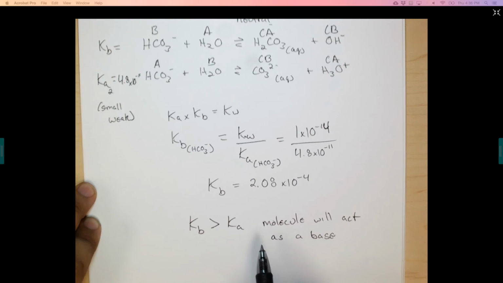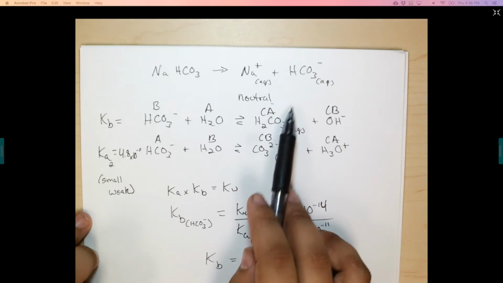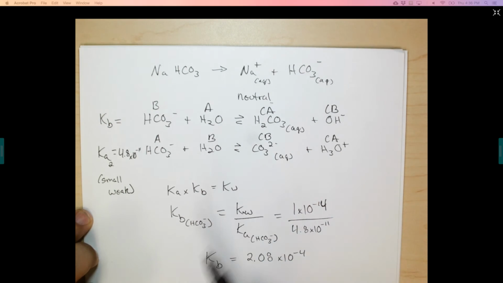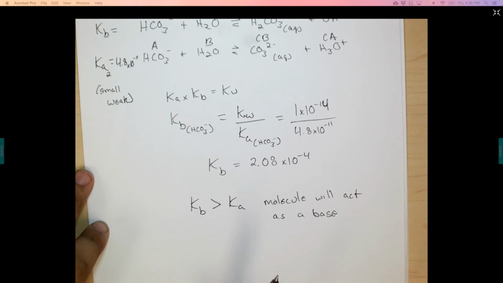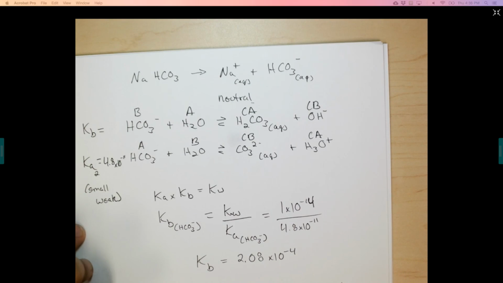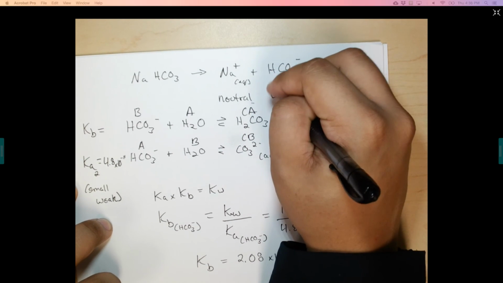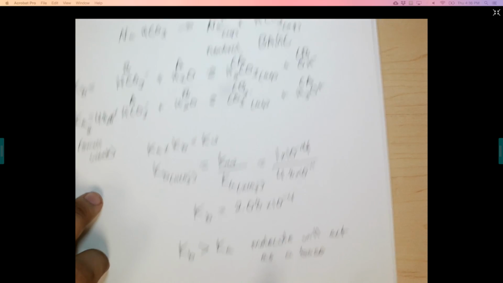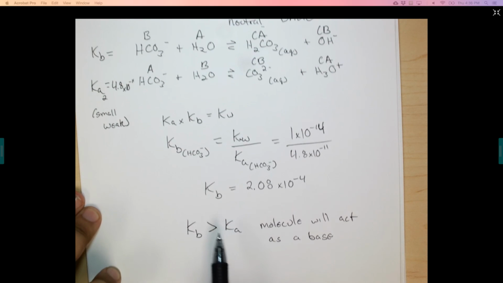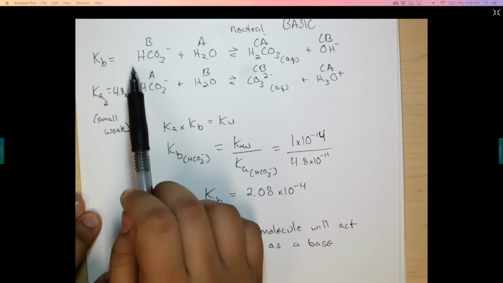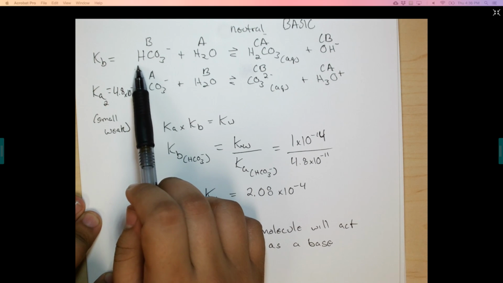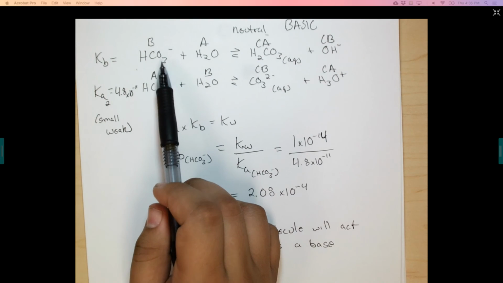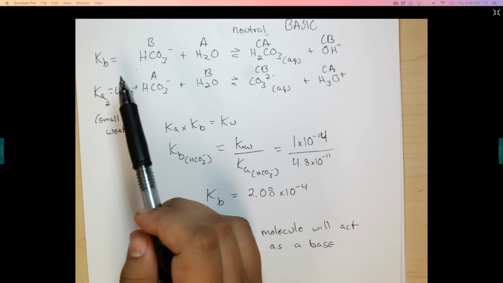Therefore, if the molecule acts as a base, we should expect the dissolution of sodium bicarbonate to create a basic solution. So to go back to the question, is it acidic, basic, or neutral? It is in fact basic, because Kb is greater than Ka, which means this reaction will proceed forward and not the reverse reaction.